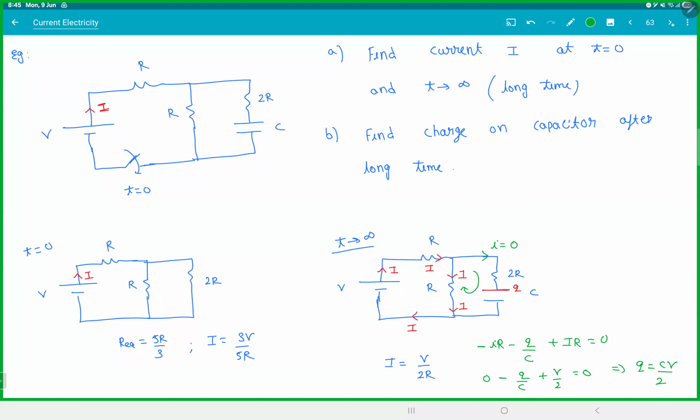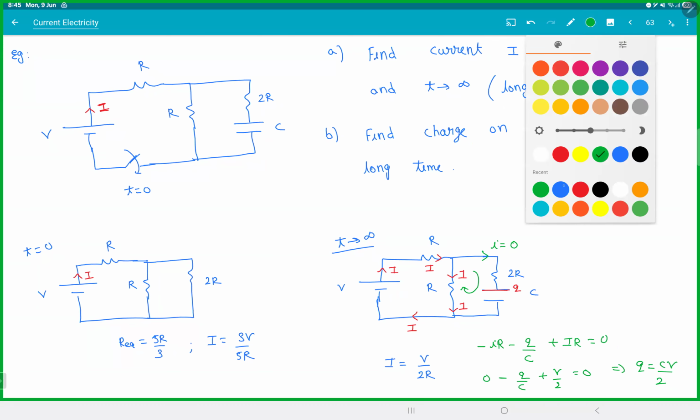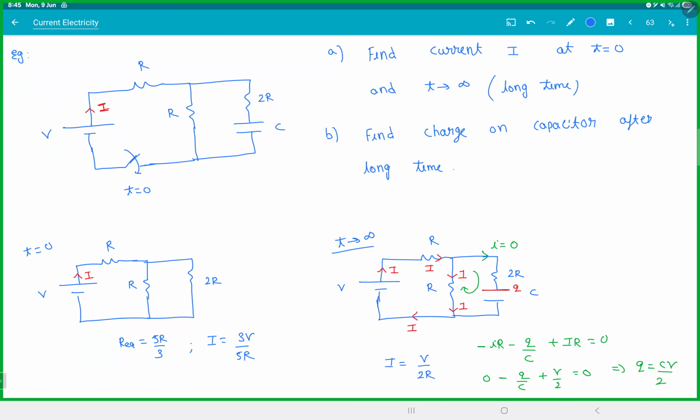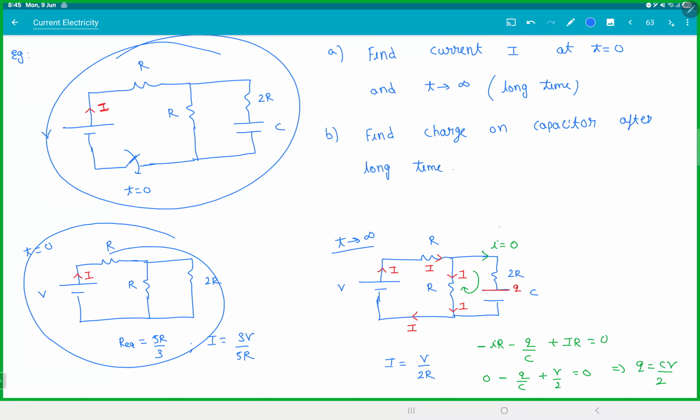Please have a look at the example. This is how you solve circuits at T0 and T infinity. What happens in the middle, we will see later on. Mains may generally ask a lot of questions based on this, T0 and T infinity. Have a look at this page. Any doubts on this, ask me. So this circuit at T0 will look like this, at T infinity will look like this.